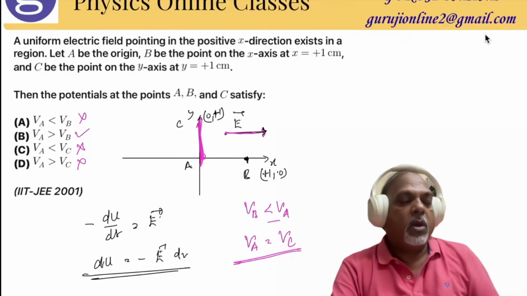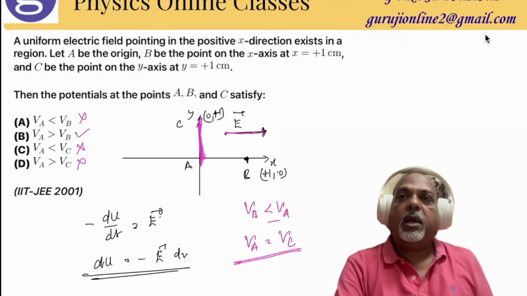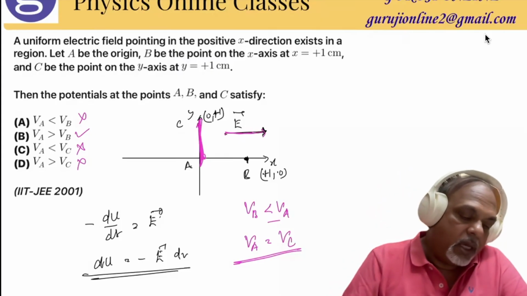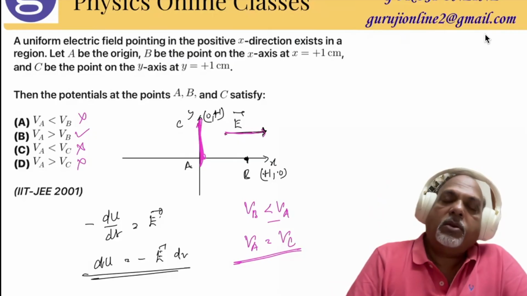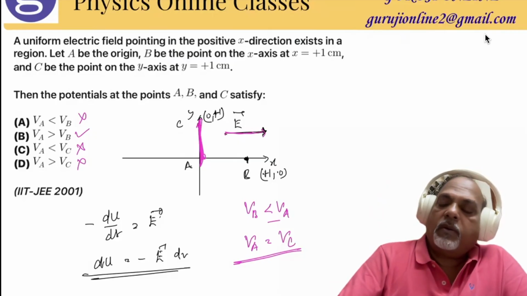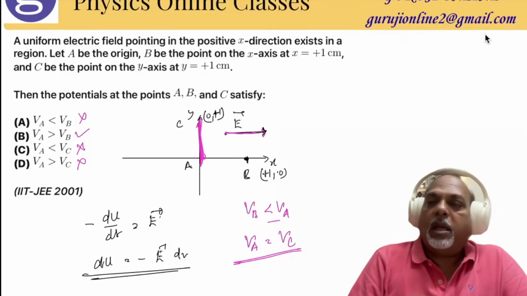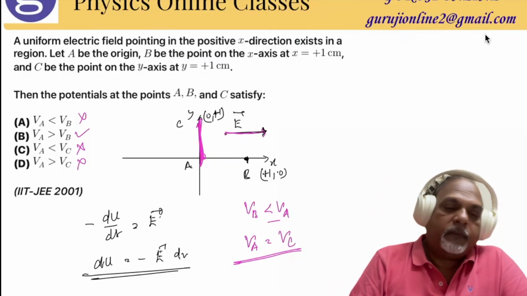So we have only one answer, and that is B, V_A is greater than V_B. I hope you understand, if you know the concept of the relationship between potential energy and electric field. Correct?